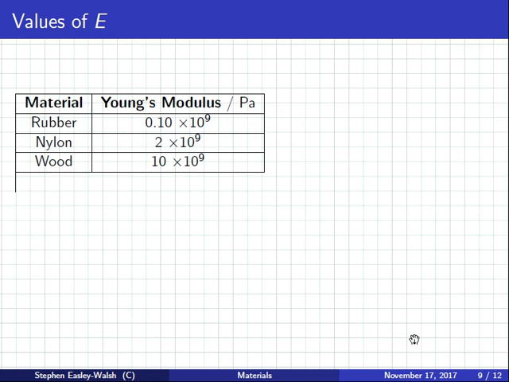Next one is wood. Now we're starting to get to materials which are harder to deform. As the deformation gets more difficult, you can see that the Young's modulus is increasing. This is about 10 times bigger than this, and this is about 10 times bigger than that.